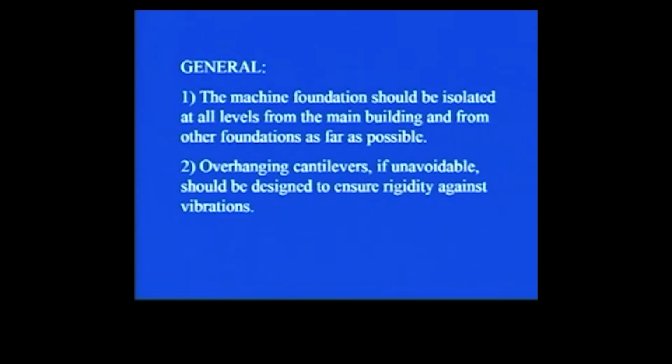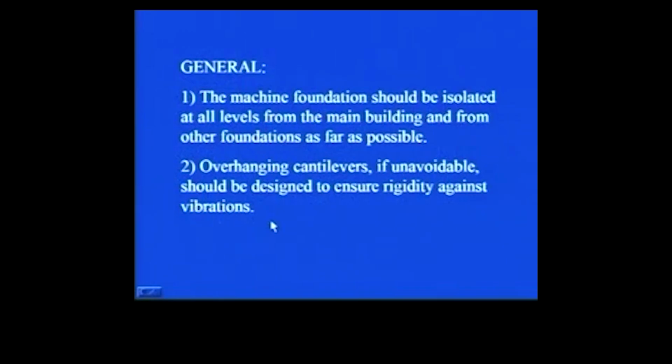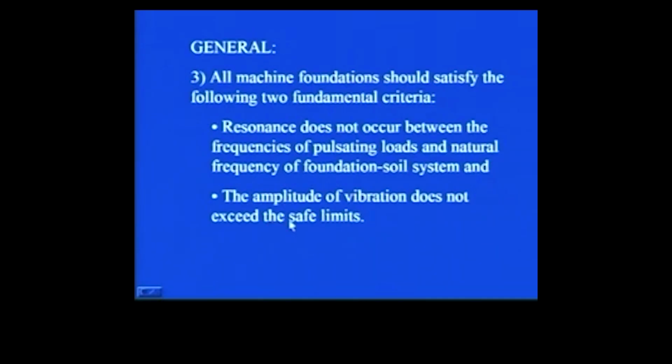First of all, these overhanging cantilevers should be avoided, but if the condition is such that they are unavoidable, then the rigidity should be such that they are not quite flexible against vibration. Whatever rigidity is required should be provided to these overhanging cantilevers. Then the third one is all machine foundations should satisfy the following two fundamental criteria.